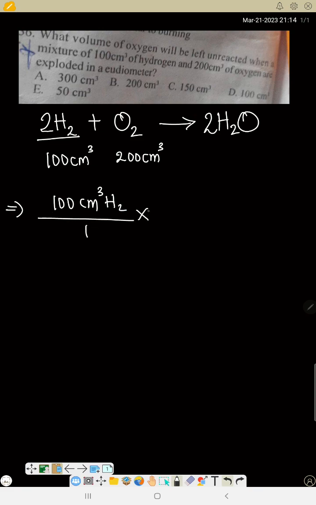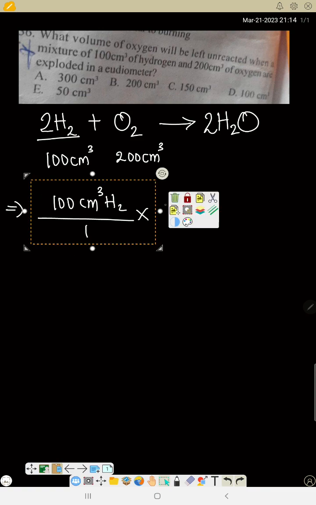We want to change it to volume of oxygen. So I want to change 100 centimeter cube of hydrogen gas to centimeter cube of oxygen gas. So I say 100 centimeter cube of hydrogen over 1. How can I remove this?